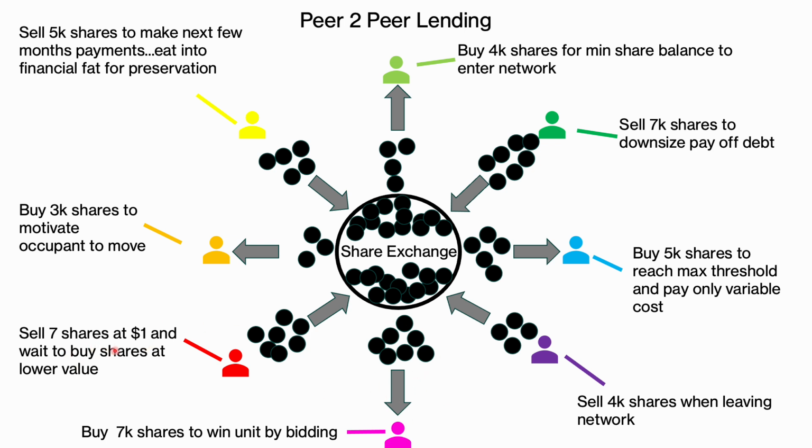So in this example, this person sells 7,000 shares at $1 and waits to buy shares at a lower value, so people can game the system. I'd like to prevent it, but it's a closed system share exchange. Let's say there are peaks and valleys, where during Christmas time people are going to want to sell shares to buy presents, or they want to go on vacations or something like that.